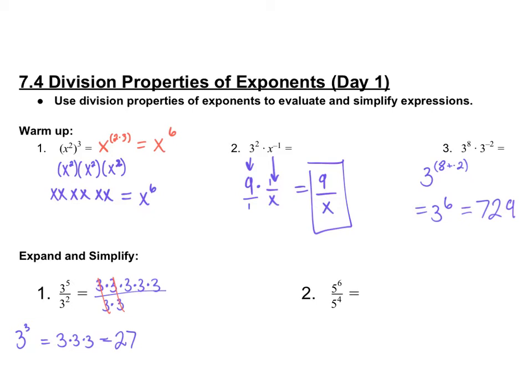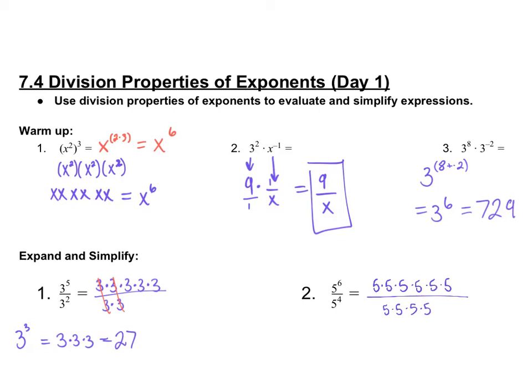All right, number 2, if we expand this one, 5 to the 6th over 5 to the 4th, 5 times 5 times 5 times 5 times 5 times 5, all divided by 5 times 5 times 5 times 5. So 6 of them on top, 4 of them on bottom. And again, everything is multiplying on top and bottom.